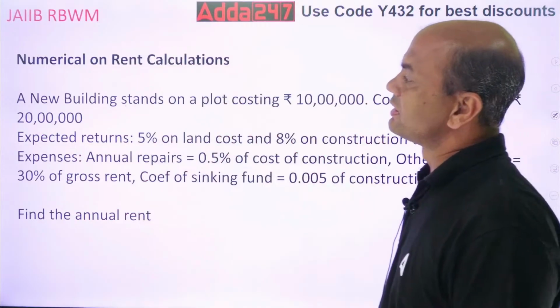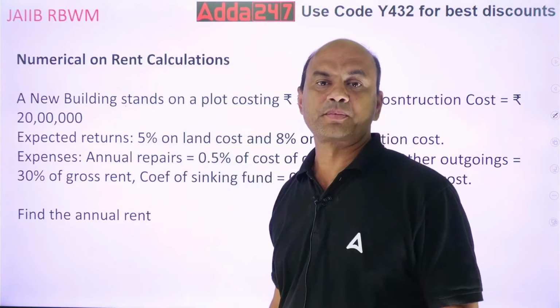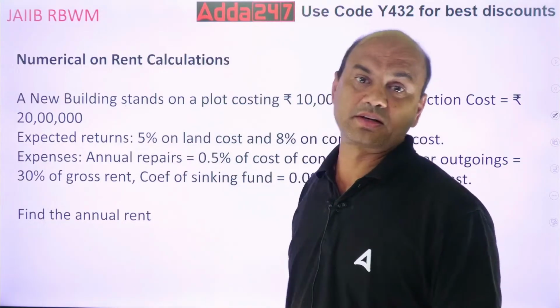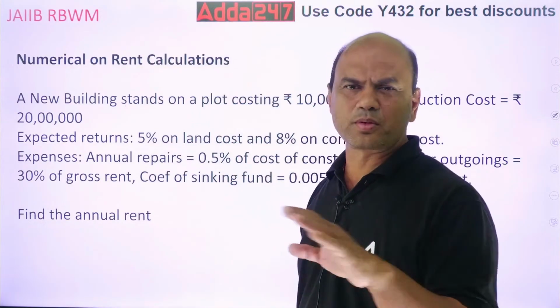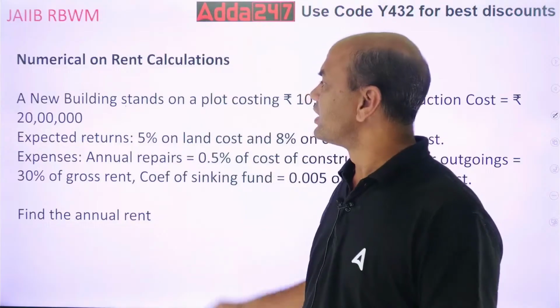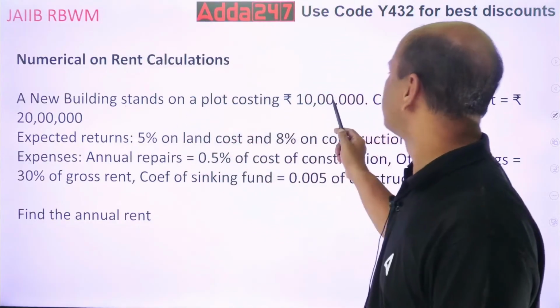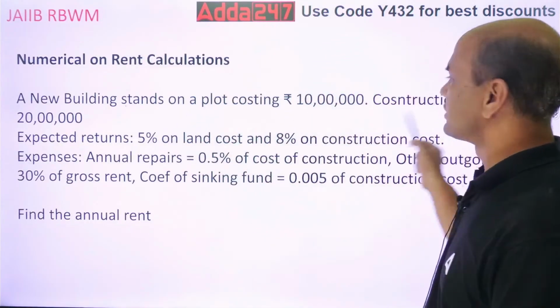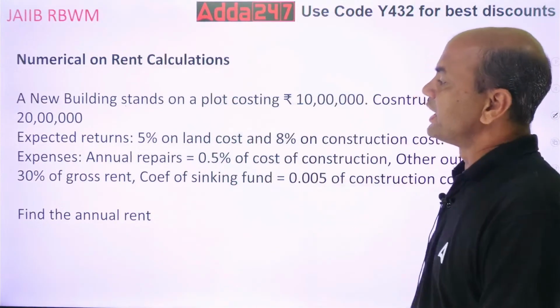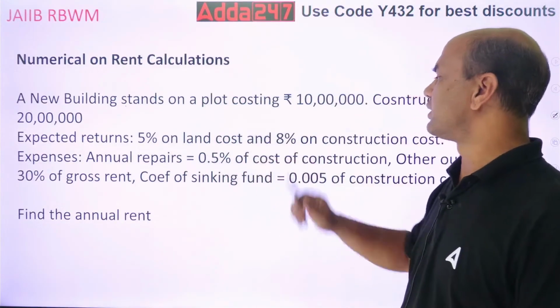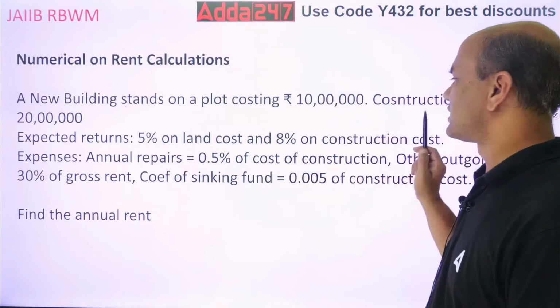Next one, rent calculations. This is also an important case study, and again it can be broken into various parts. A new building stands on a plot costing 10 lakh. Construction cost is 20 lakh. Expected returns are 5% on the land cost and 8% on the construction cost.